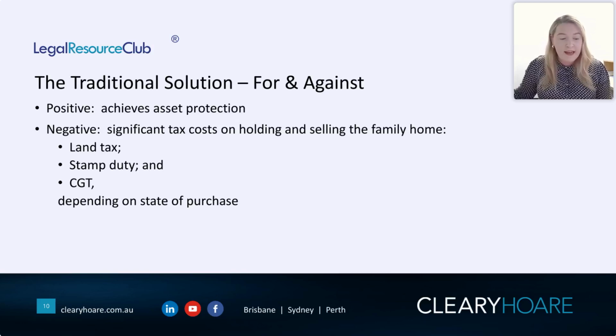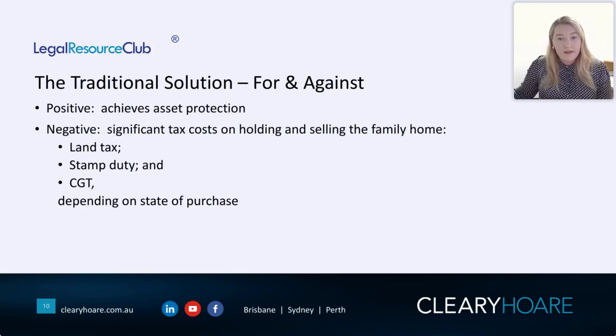And I live in Sydney, so I see a lot of very high property prices, and so transferring a family home to a discretionary trust, the stamp duty alone is enough to put people off that solution.